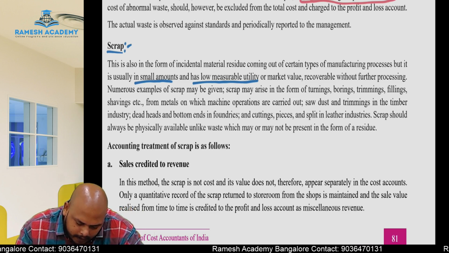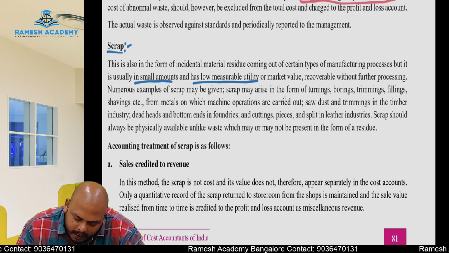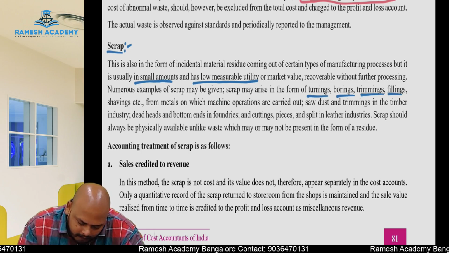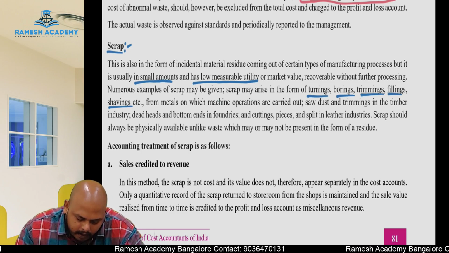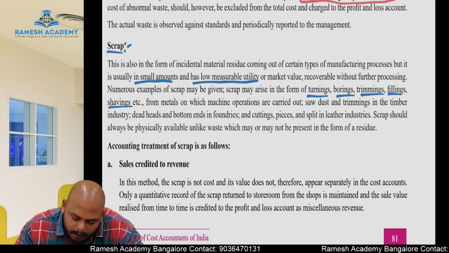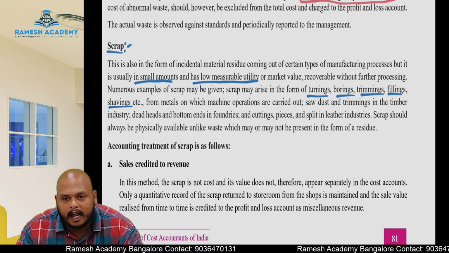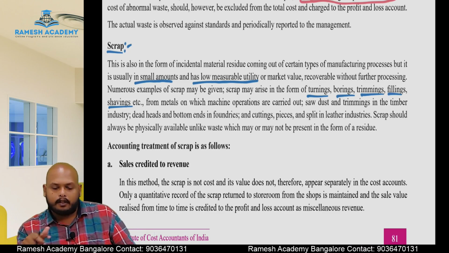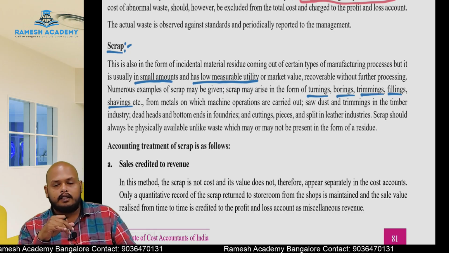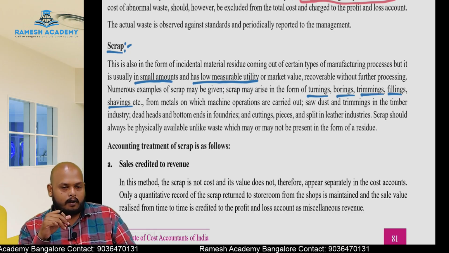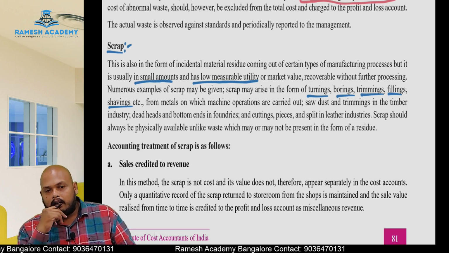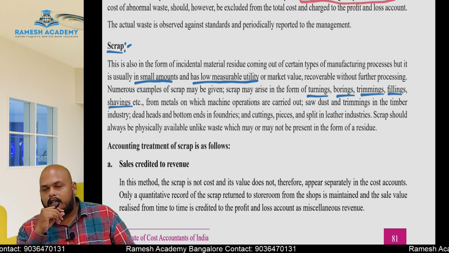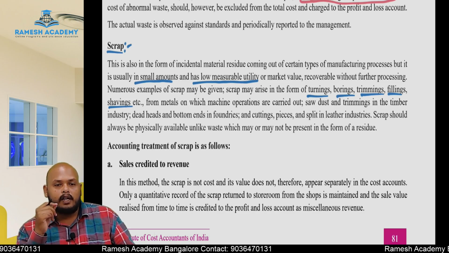Numerous examples of scrap may be given. Scrap may arise in the form of turnings, borings, trimmings, filings, shavings, etc. from the metals on which machine operations are carried out. A simple example: iron bars are converted into certain molded shapes.